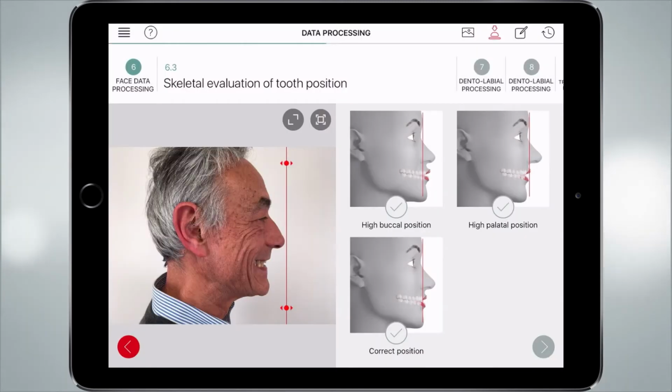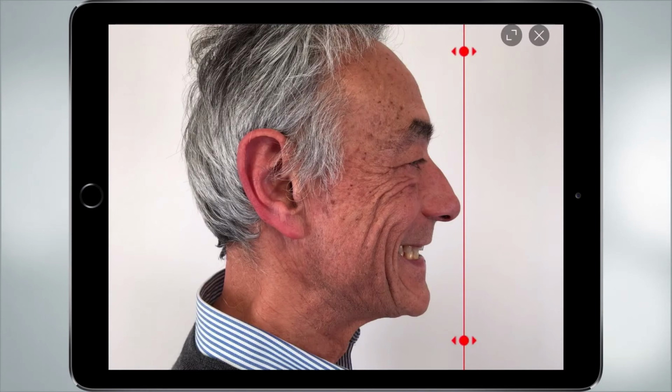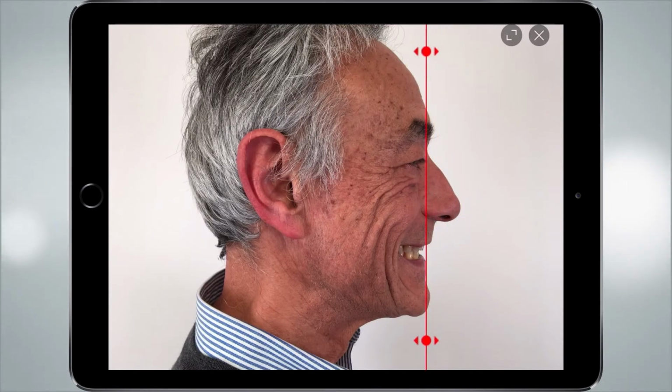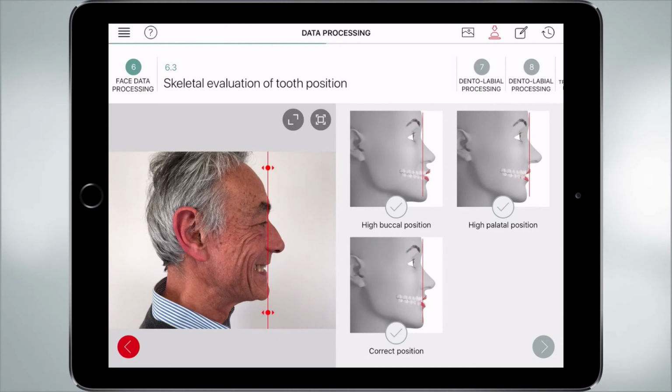Continue, and we now have the chance to see the skeletal evaluation of the two positions. Enlarge the image again. We have the glabella more or less, and we can see the upper teeth a little bit inside. So we have a high palatal position of the teeth.